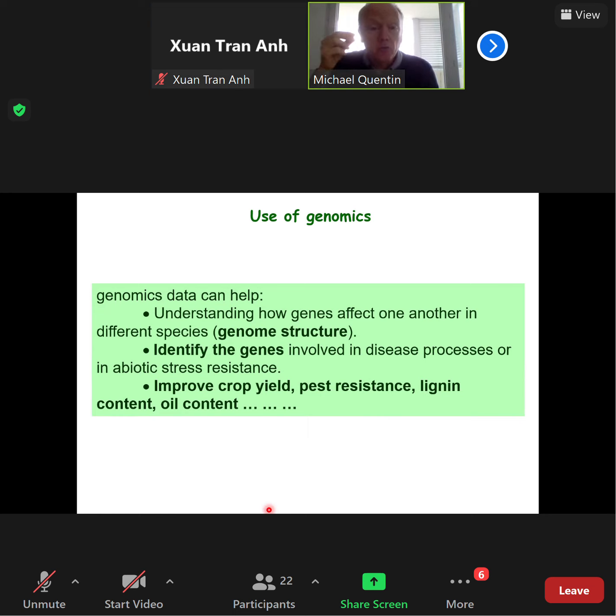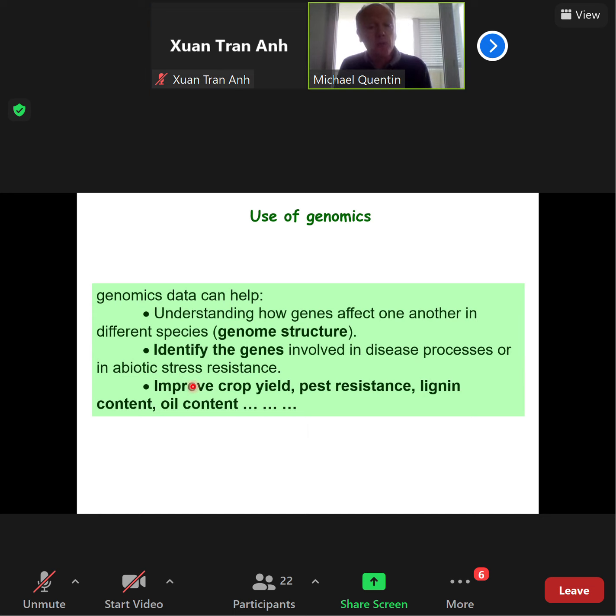The use of genomics can help us understand how genes affect one another in different species. So it's very important to understand genome structure. Identifying one gene involved in a disease process or an abiotic stress may help us develop resistance to those stresses.